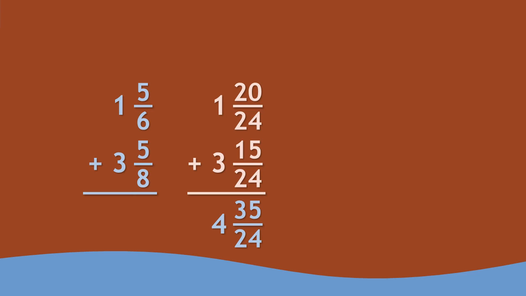Now, this is not a mixed number that's written in its lowest terms because 35 over 24 is an improper fraction. So we need to turn that improper fraction into a mixed number. Remember we reviewed this yesterday, you're going to divide 35 by 24, and you will get 1 and 11 over 24.